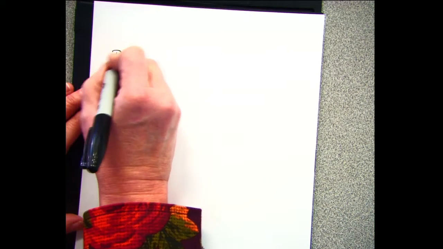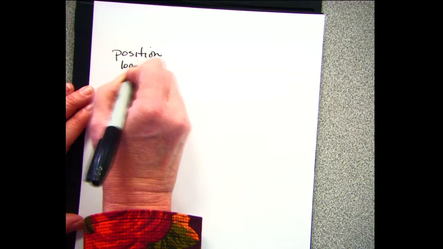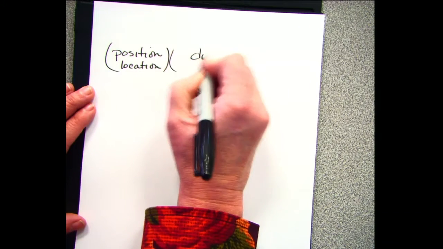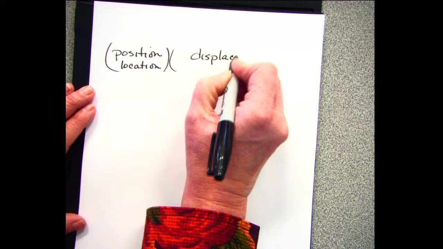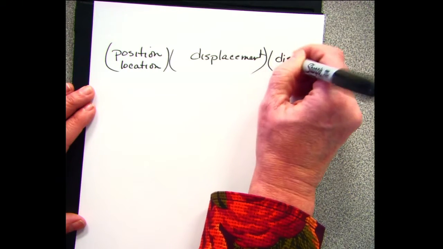So let's look at a couple other things about displacement. So far we've talked about position, and this one's just my location. We've talked about displacement, and we've talked about distance traveled.